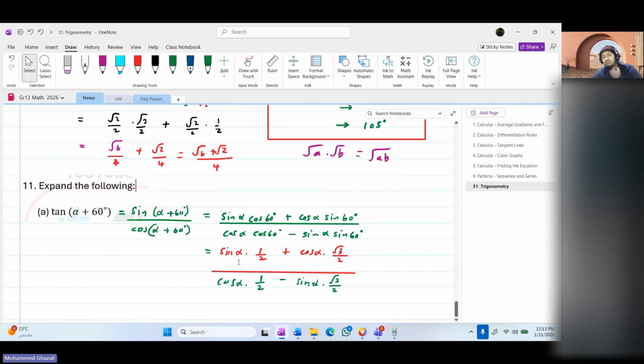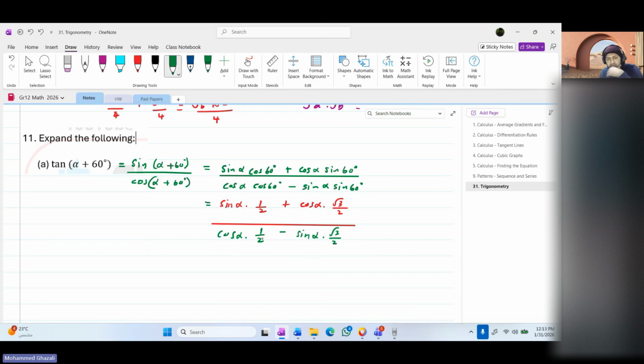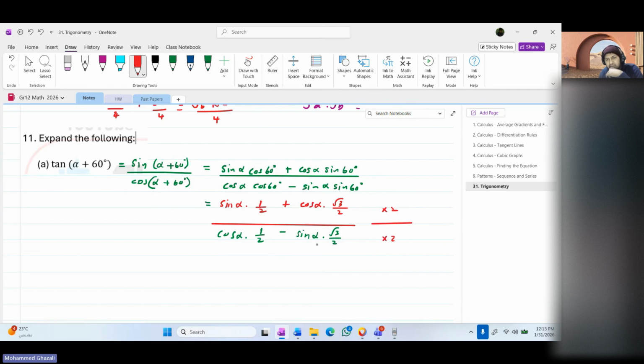Right, so what are we going to do here now? How are we going to simplify this? To simplify this, I want to get rid of the halves in the numerator and denominator. So I'm going to multiply each term on the numerator by 2, and each term on the denominator by 2, so all these fractions can disappear.